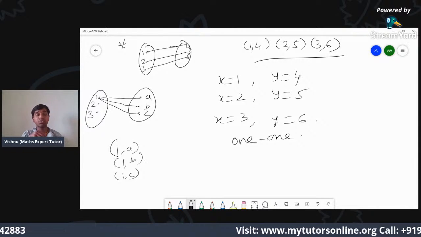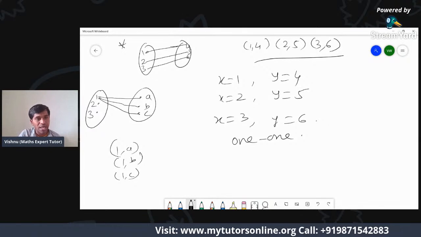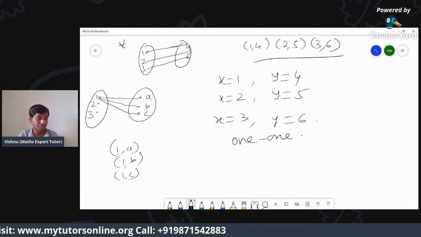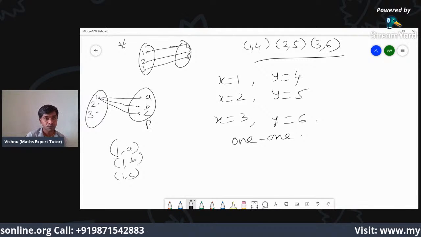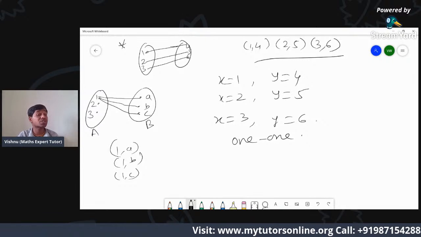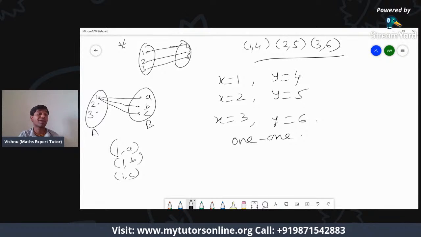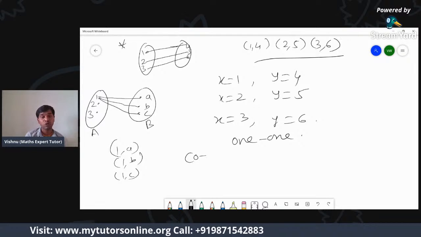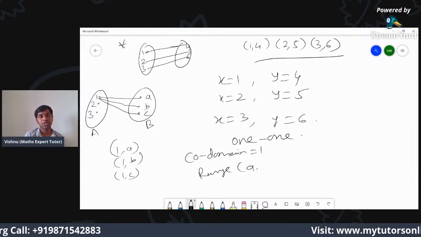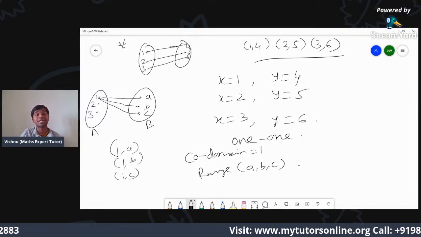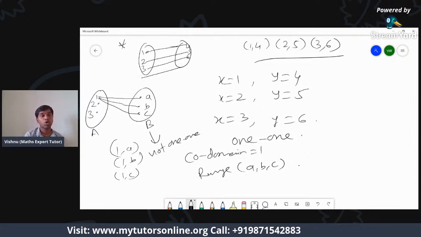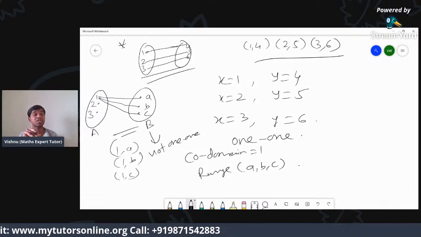Now there are some values in X where there is no value of B in set B, and there are some values in A for which there is no value of B here. Here the codomain is only 1. Codomain is 1, and if you see the range, it is A comma B. If this is the case, it is not one-one. This is not a one-one function. I hope you are able to spot the difference here.